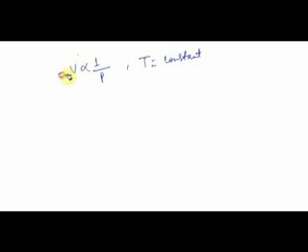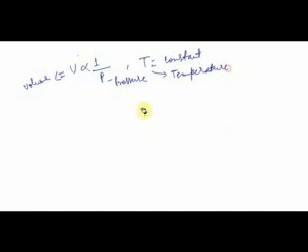Here V is the volume, P is the pressure, and T is the temperature. So according to Boyle's law, PV is constant.